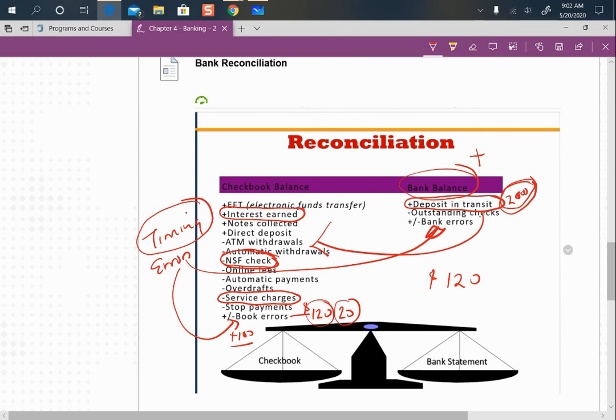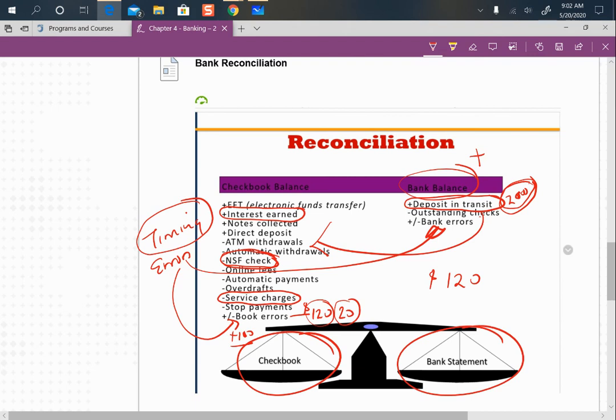So again, the key idea behind the bank reconciliation is that you don't want to cram or memorize anything in terms of the names of the items. What you just want to do is stop and think and ask yourself what you're doing. You're trying to reconcile the checkbook and the bank statement.